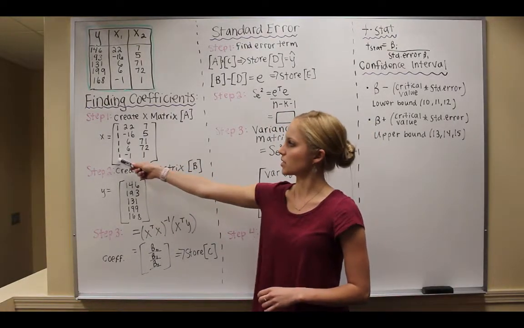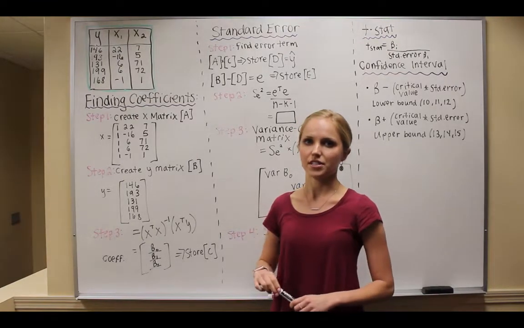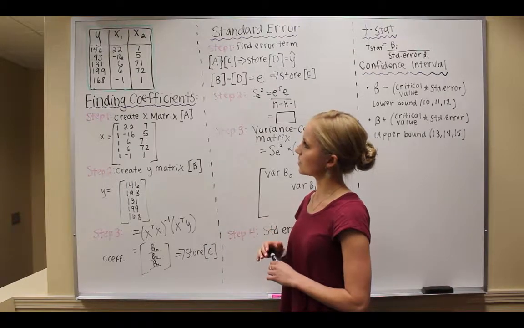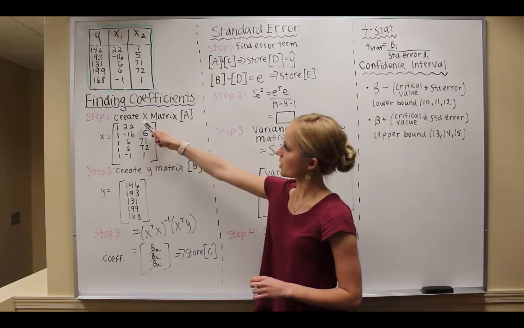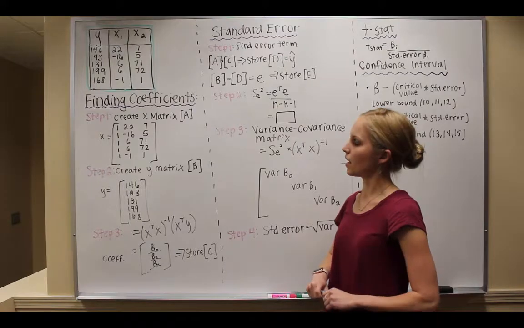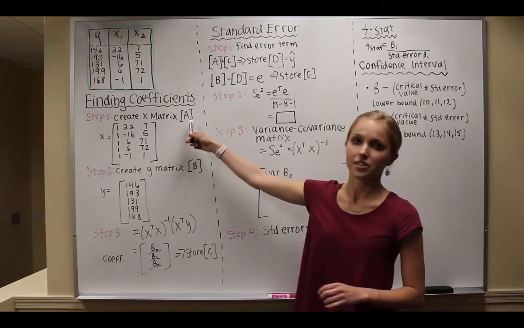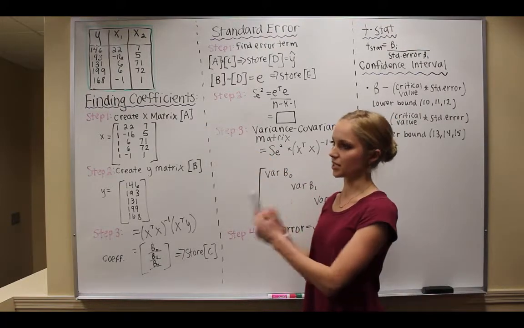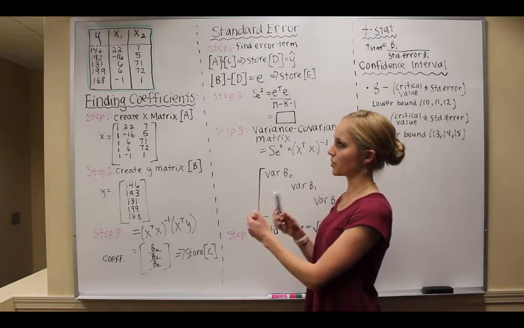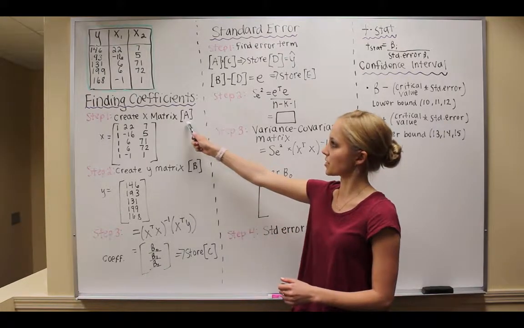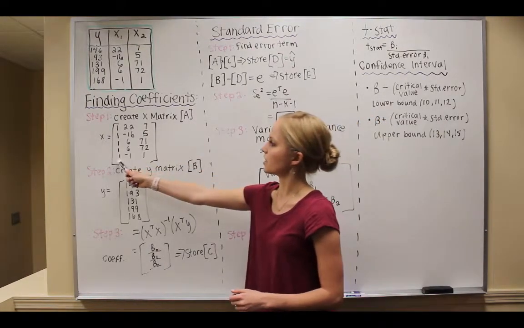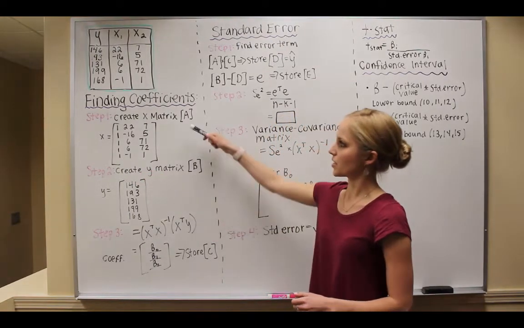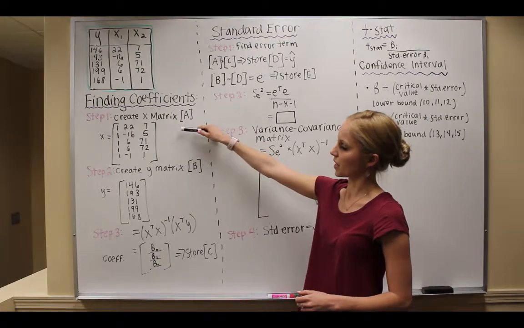This column of ones will account for the constant coefficient value that you'll need. When you enter this into your calculator, you should denote which matrix you're storing it in. If I were to enter this into my TI-84 calculator, I would create a new matrix and label it matrix A, and enter in these values for x1 and x2. And so that all demonstrates your X matrix.